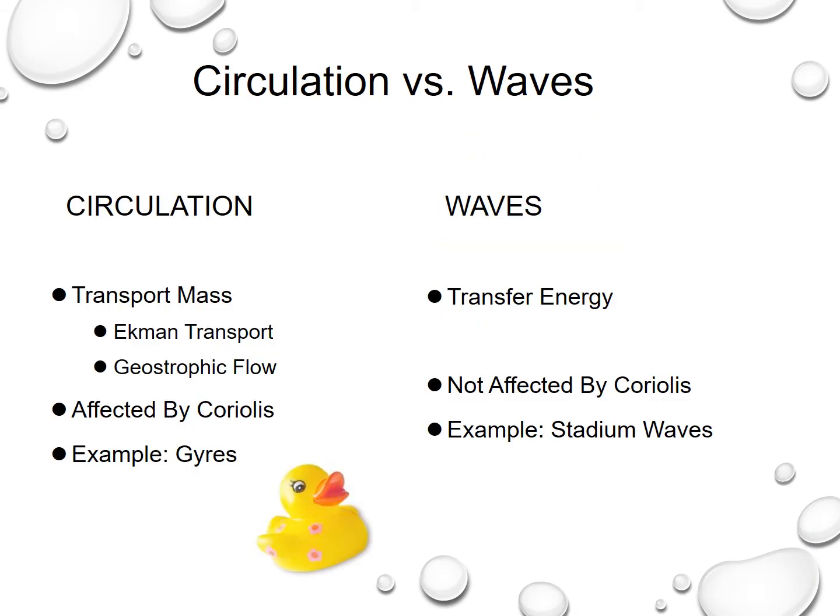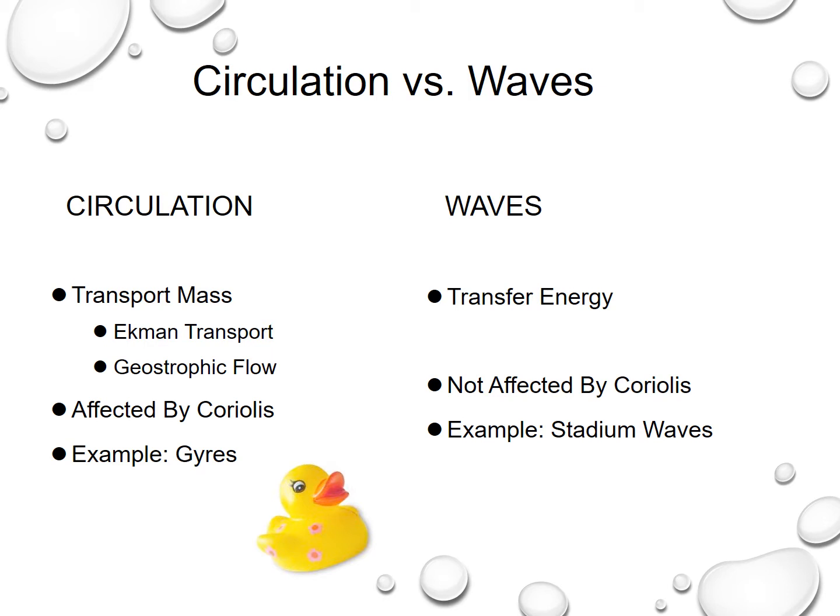In this slide, we're looking at the difference between circulation and waves. In ocean circulation, that we covered in the last chapter, we are actually transporting mass. So Ekman transport, Ekman spiral, geostrophic flow, all these concepts count.